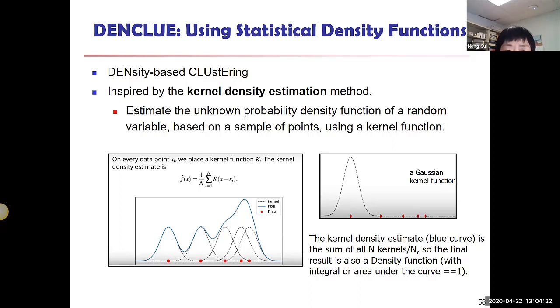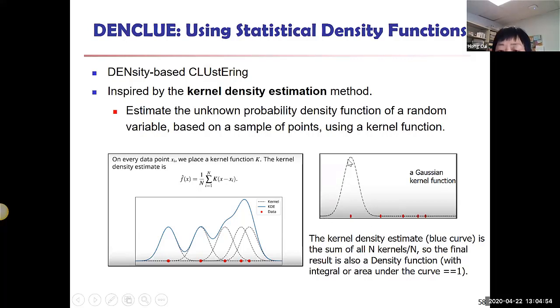The goal of kernel density estimation is to estimate the unknown probability density function of a random variable based on the sample points using a kernel function. We will talk more later, but a kernel function is symmetric, and the area under the curve is 1 because it's a probability distribution function.